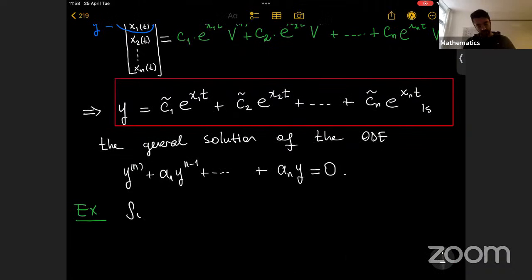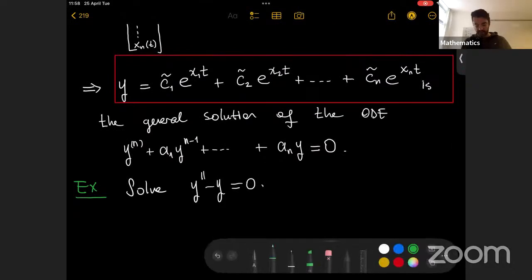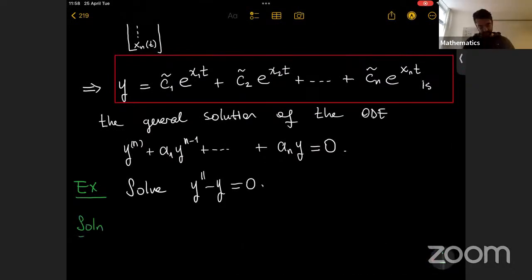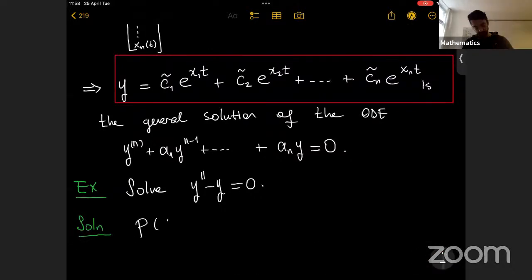So let us solve this equation, a second order linear differential equation. This is quite easy to solve, but let's do it with the characteristic equation. So what is the characteristic equation? P(lambda) is equal to lambda.